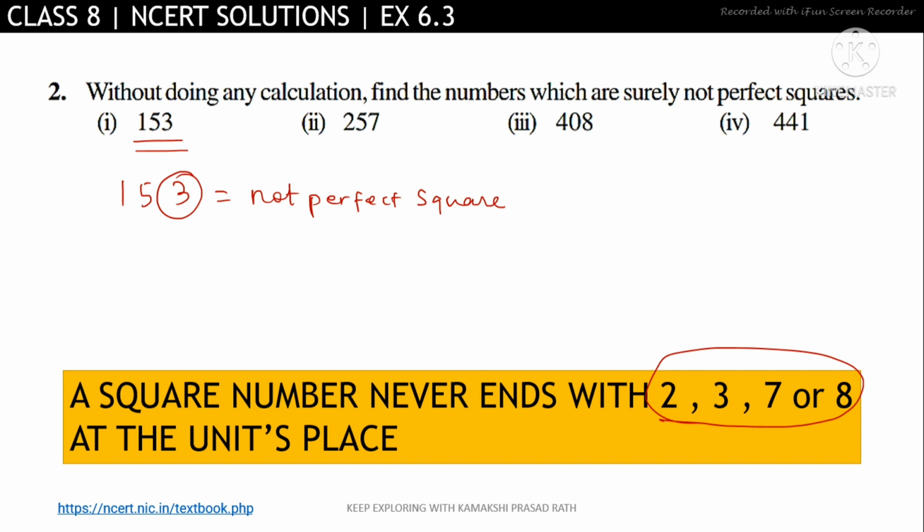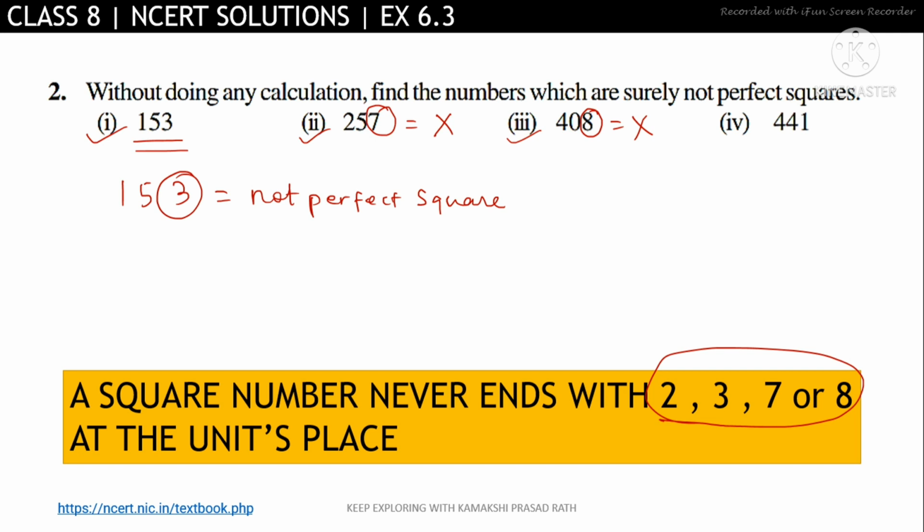Similarly, 257, the ones place is 7, hence this is also not a perfect square. Next, 408, the ones place is 8, hence this is also not a perfect square. So the first 3 numbers end with 3, 7 and 8, so they are surely not perfect squares.